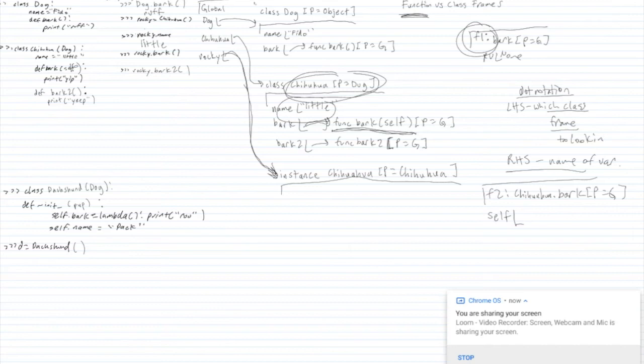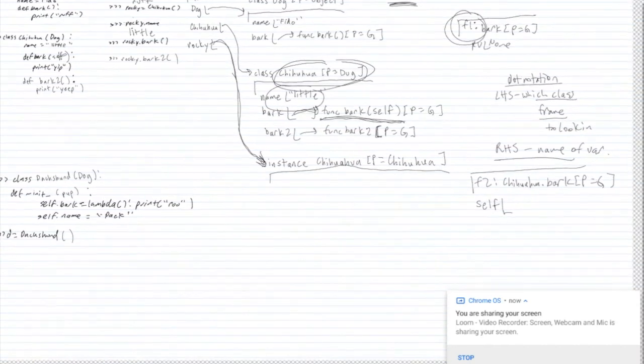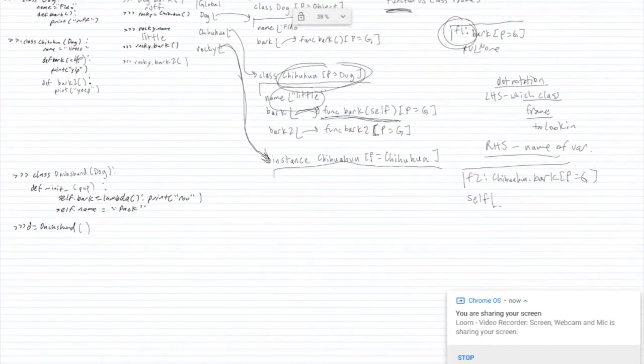And so what is self supposed to be? Well, self is basically whatever was on the left-hand side, like the instance that the method was called on, naturally. And so self just points to the instance Chihuahua frame, this frame. That was just telling us which Chihuahua we were looking at, this instance. And so now that that's done, we've bound our full parameters. We'll go into the body and print yep.